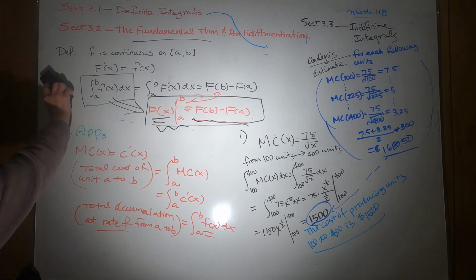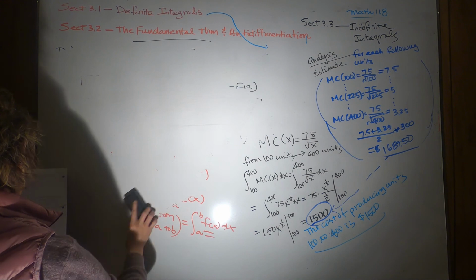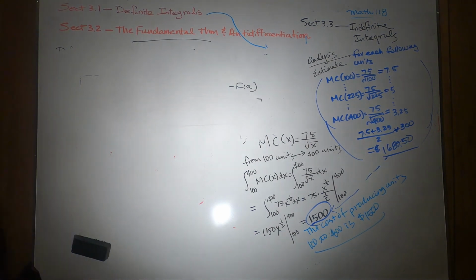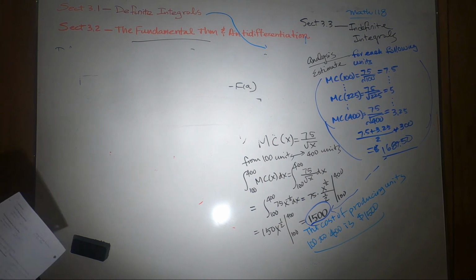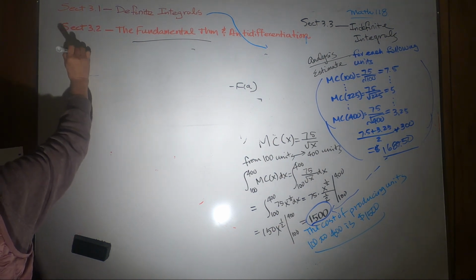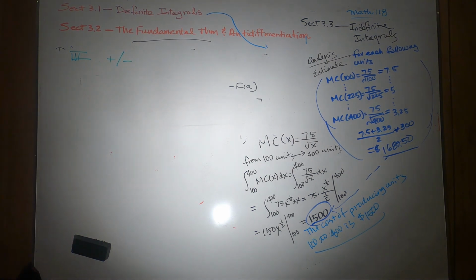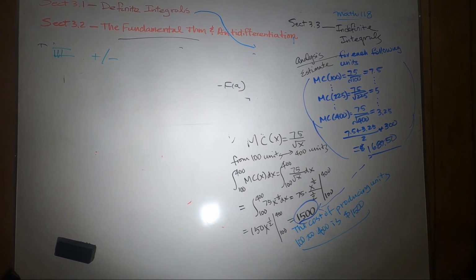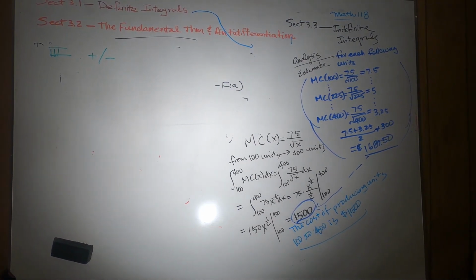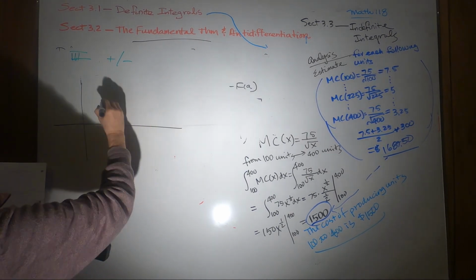All right, and for the next portion on your page 71, all right, so for function taking positive and negative value. So if we have the situation like this, okay, if your curve goes like this.